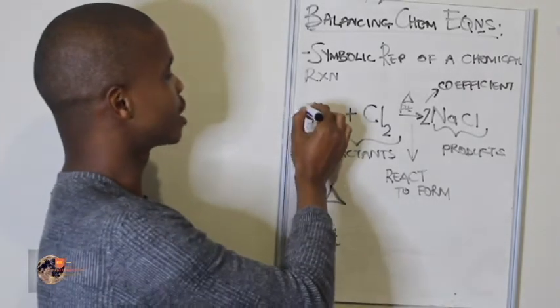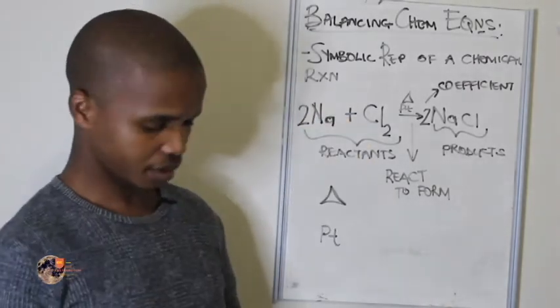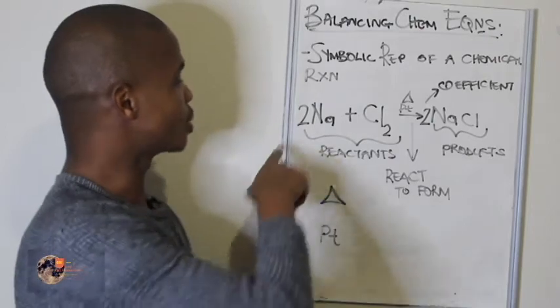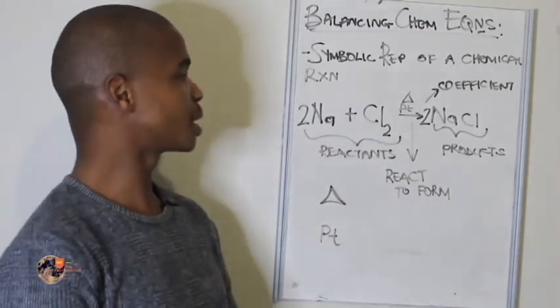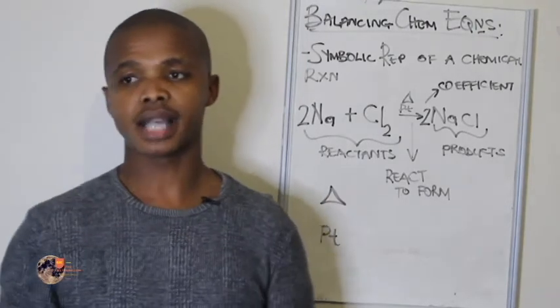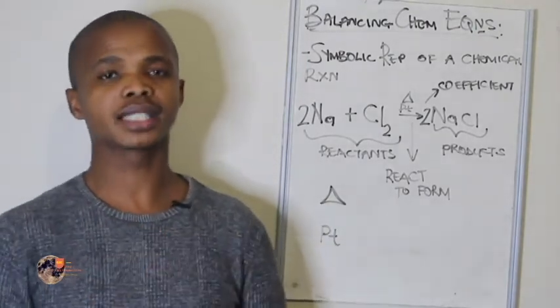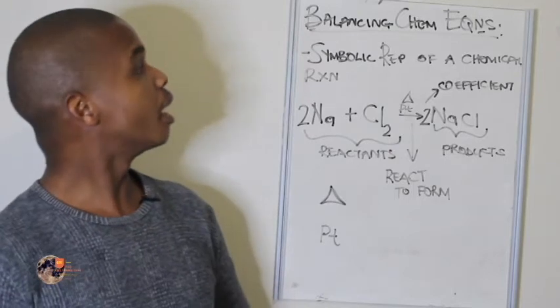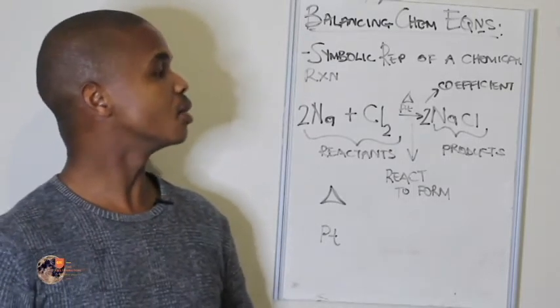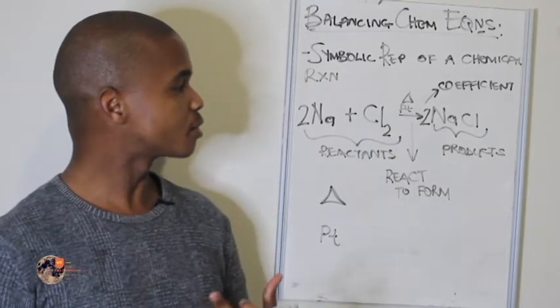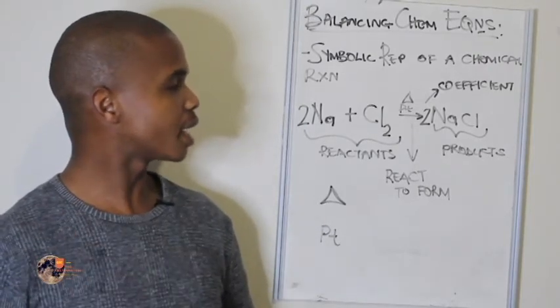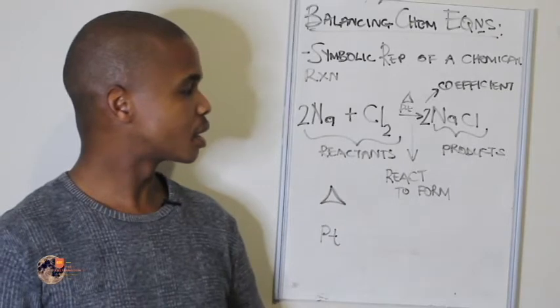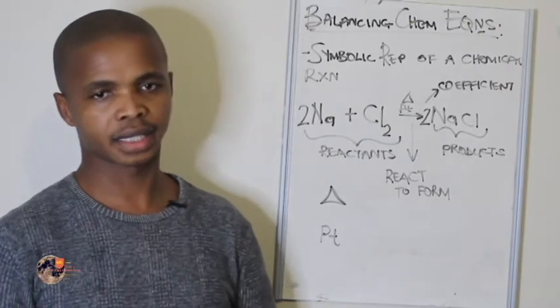So this means I must put a 2 next to sodium so that I can have a balanced equation. That is how you would write your balanced equations. You have to balance what is on the reactant side with what is on the product side.